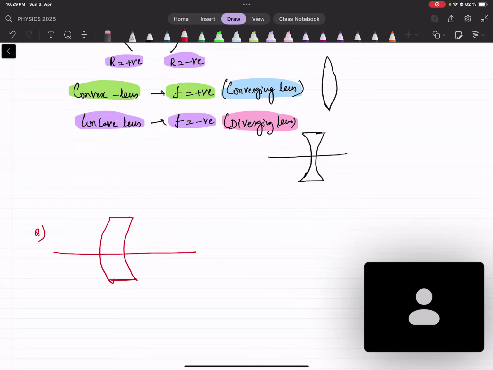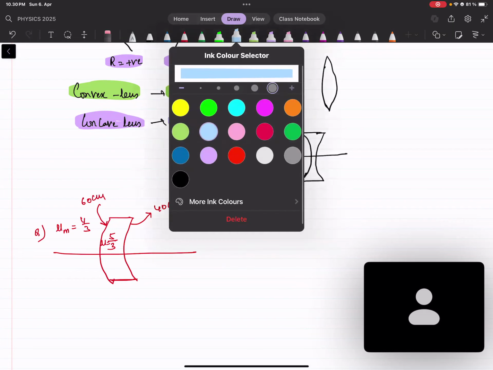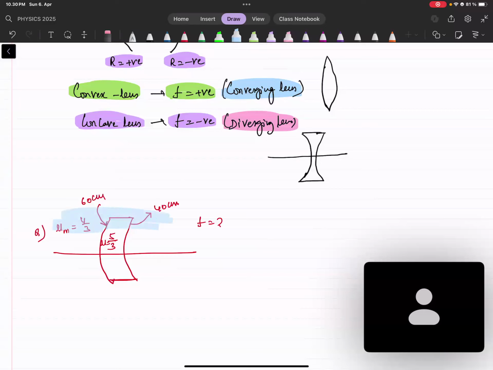Now, if I say that the radius of curvature of this side is say 60 centimeter, radius of this one is say for example 40 centimeter, and it is made up of refractive index mu equal to 5 by 3, and the refractive index of the medium is 4 by 3. Now I need to calculate the focal length. Focal length is equal to how much? This lens is in some medium.